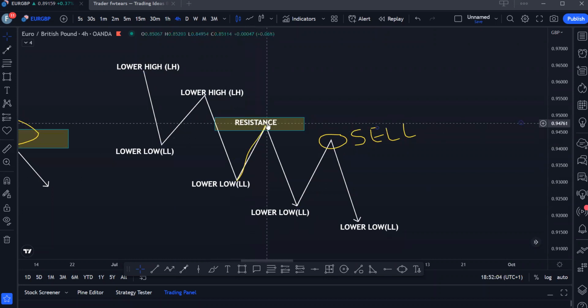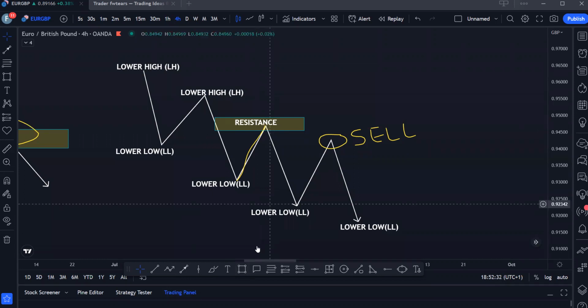And then what do we know about a resistance zone? Yesterday we said at least 2 touches validate a resistance zone. So when you see that a resistance zone has been validated more than once, the next time that price gets into that resistance, you now want to look for sell opportunities.